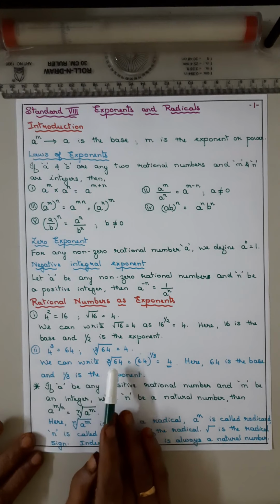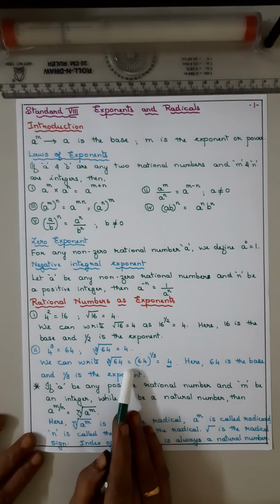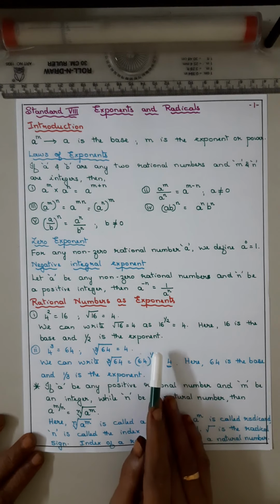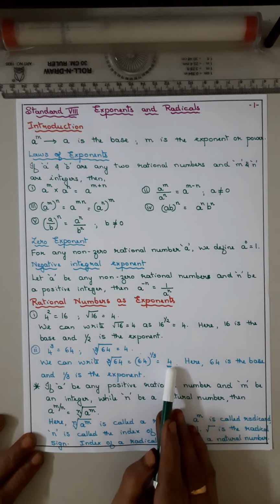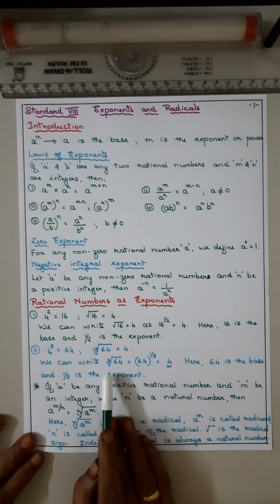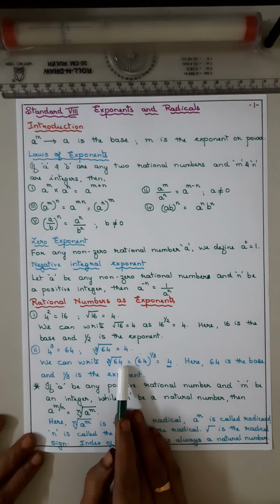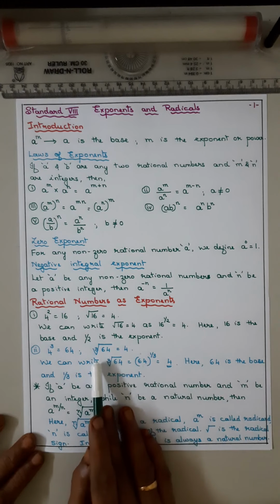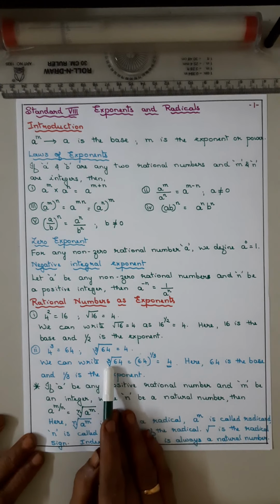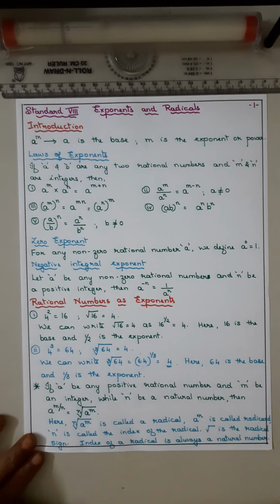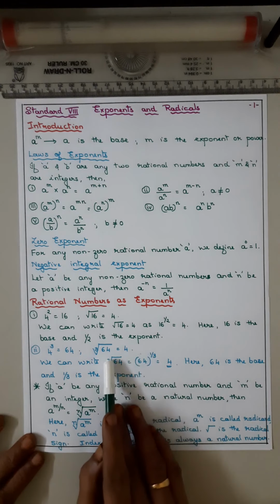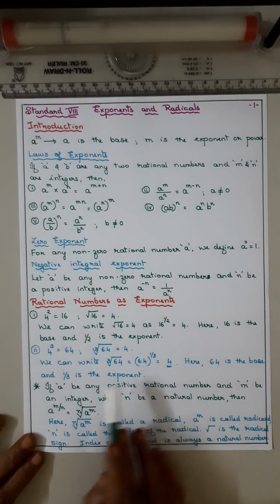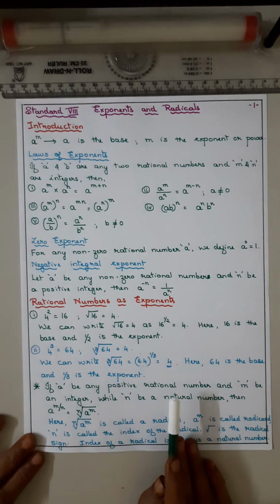We can write cube root of 64 as 64 to the power 1 by 3, that is equal to 4. The power of 64 is 1. Cube root means the number outside the root is 3, so that is in the denominator, 1 by 3. Here 64 is the base and 1 by 3 is the exponent.